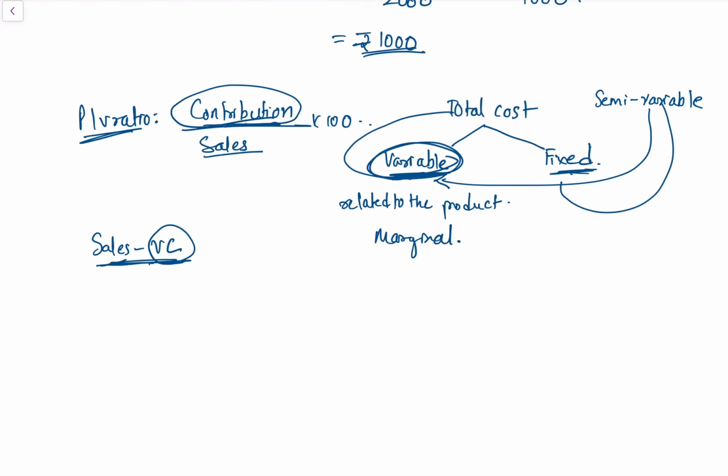So sales minus variable cost gives contribution. Means from the sales, we are reducing only the product related cost and finding the contribution. So when we find PV ratio, it gives us the correct profit ratio which we have got from the product, before reducing any other cost related to the business which is not related to the product directly. Those costs are related to the business, not to the product.